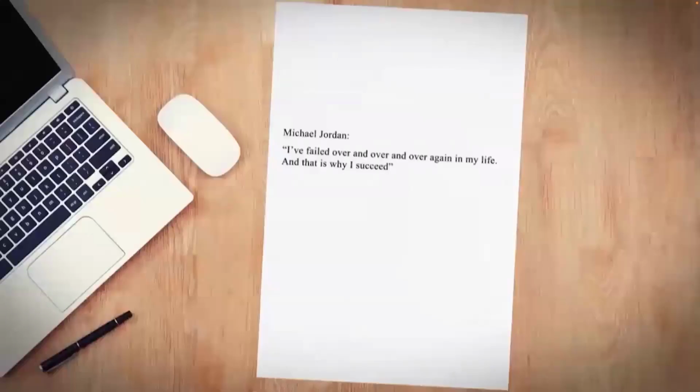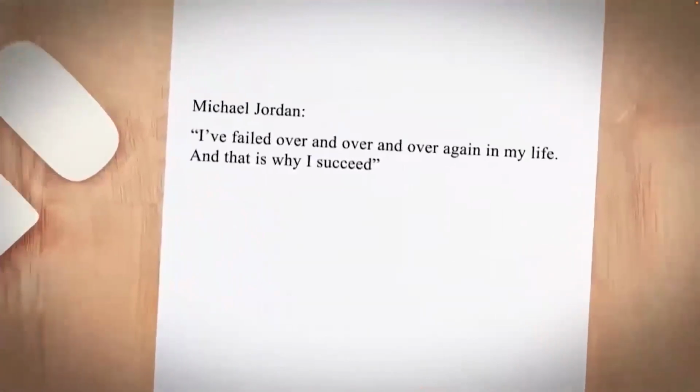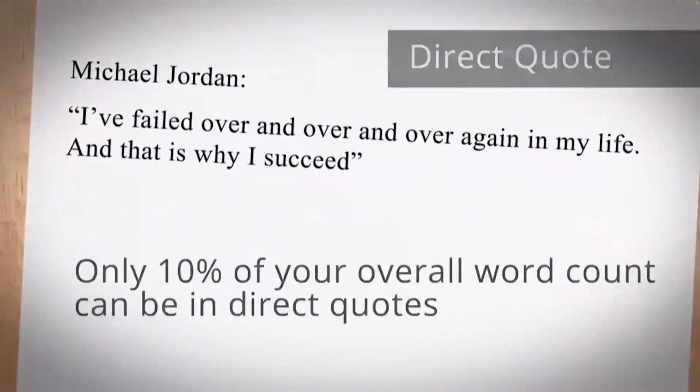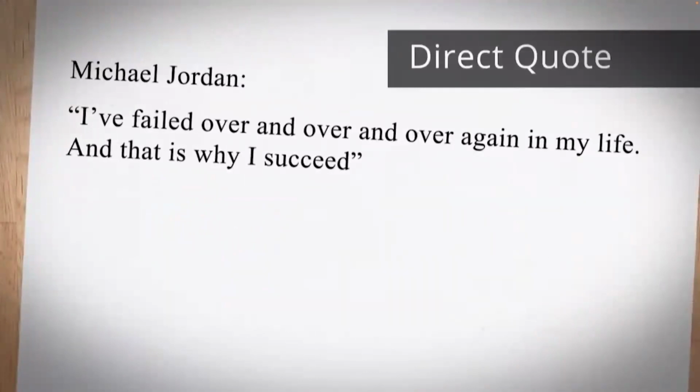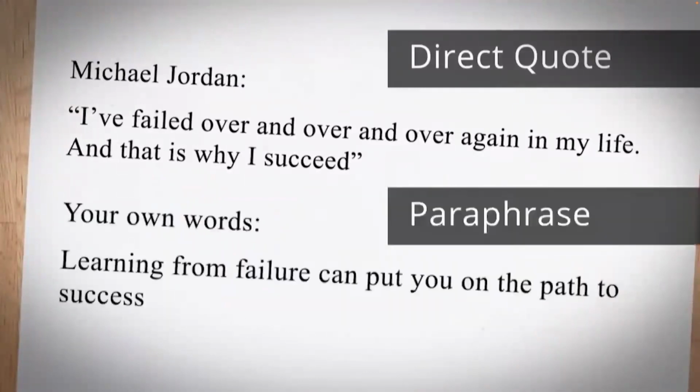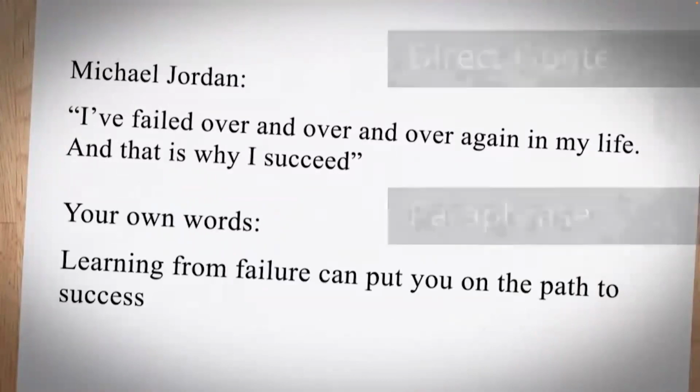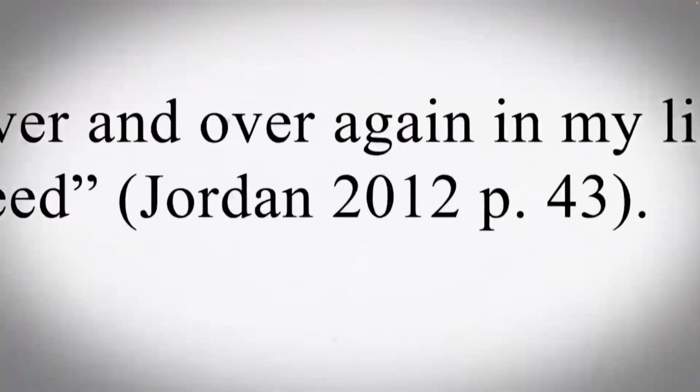If you use the exact words from a source, you're using a direct quote. Only 10% of your overall word count can be in direct quotes, which is why it's so important to learn how to paraphrase. Paraphrasing expresses the same meaning of the quote, but in your own words. Regardless of whether you're using a direct quote or paraphrasing, you must use an in-text citation.